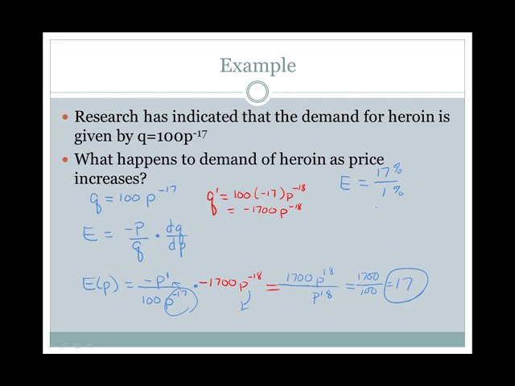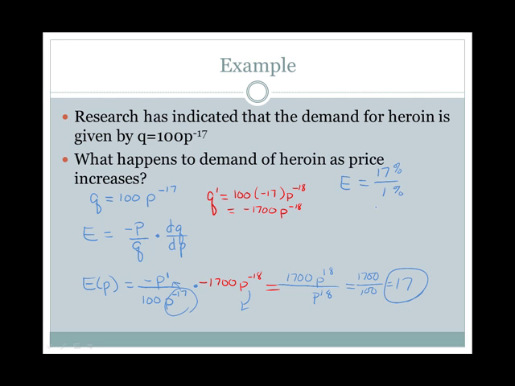So for every 1% that our price increases, we would expect the demand on heroin to be a 17% drop.